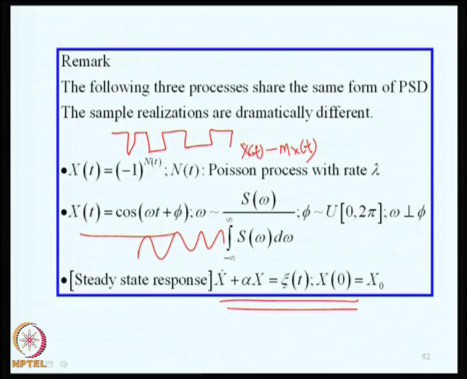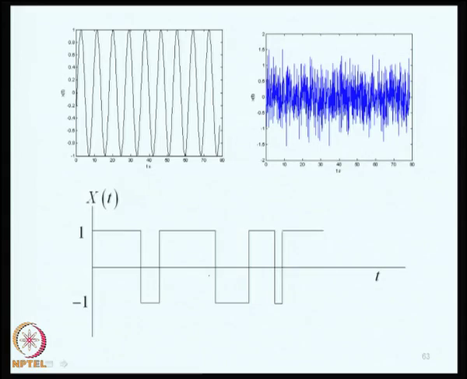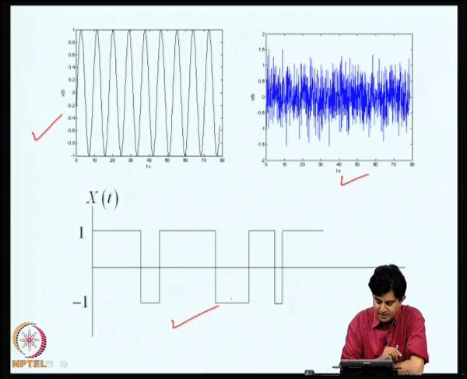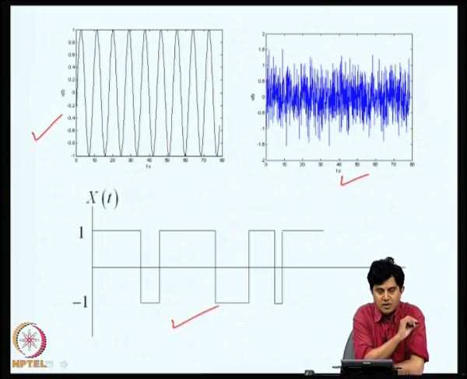At the end of the day it is not a sample property, it is an ensemble property. This is what I am showing here. This is a harmonic function, this is an erratic function and this is a square wave function. It is intuitively not clear if I say that these three samples come from three different processes having the same power spectral density function.